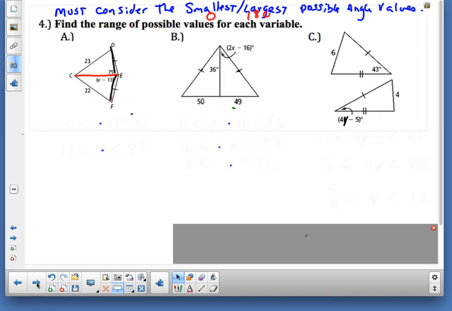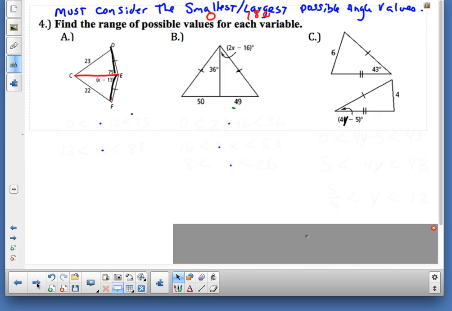You know what that means to me in this problem? 75 is the bigger angle, right? Because 75 is across from the bigger side measure. Okay, so here's the thing. I'm going to set up a range. And that range, the biggest value is 75 on the right. But the smallest value, what's the smallest that other number could be?